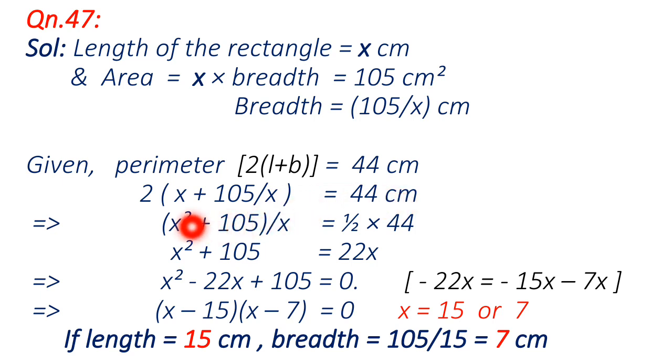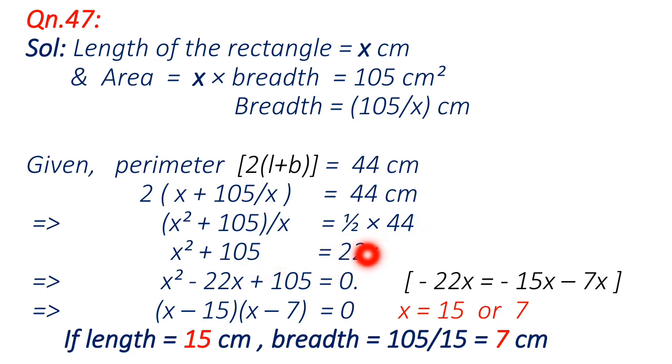So here if we solve, this 2 is taken to the other side, so 1 by 2 into 44 becomes 22, and x is taken as x square plus 105, and when x is multiplied to the right hand side, we will get 22x. So x square plus 105 is equal to 22x.